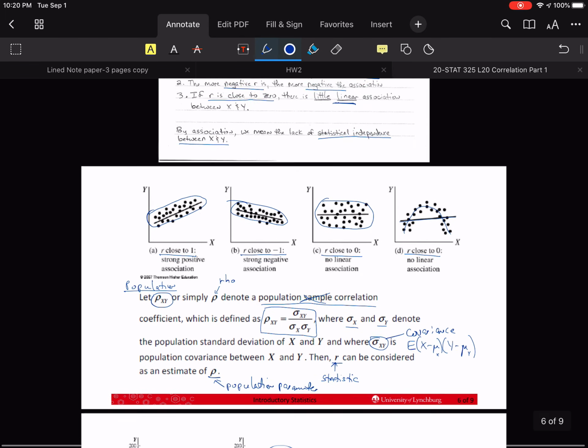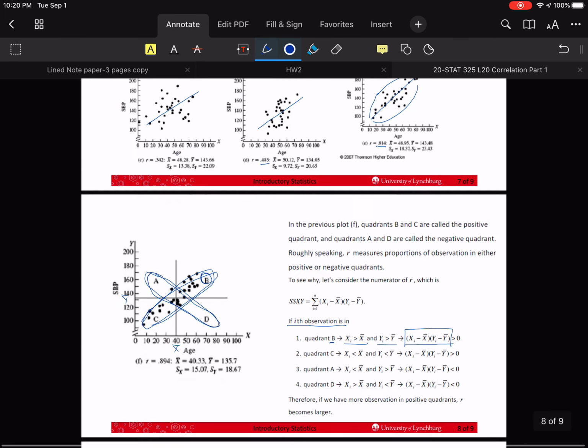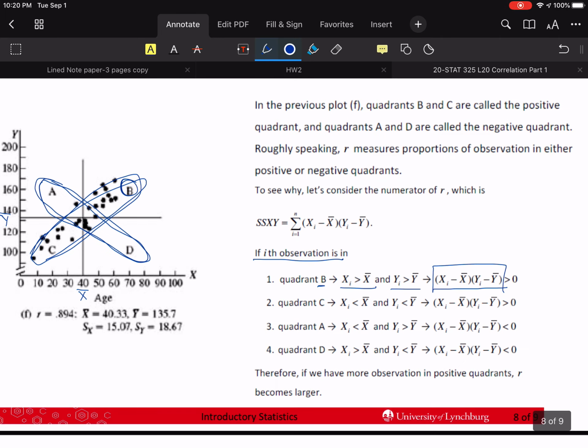Now, let's get back to where we were. If they're in quadrant C, now we have X less than X bar and Y less than Y bar, so these two quantities are both negative. Negative times negative is positive. If we're in quadrant A, then X is less than X bar, but Y is greater than Y bar, so this will be negative, and this will be positive.